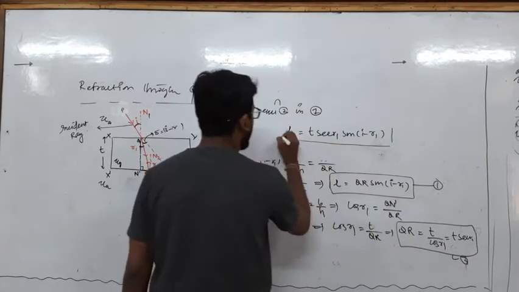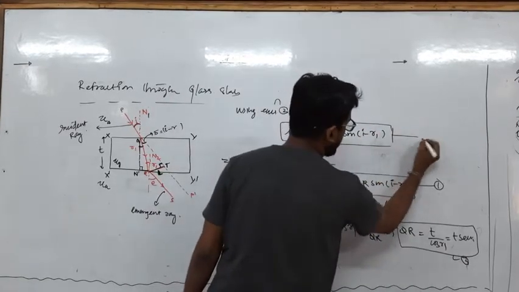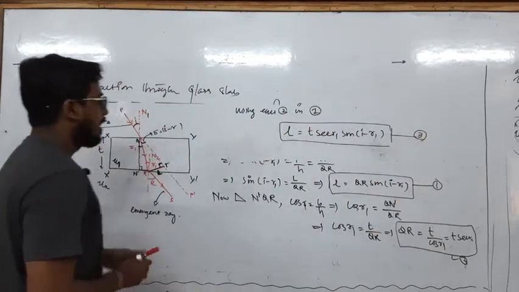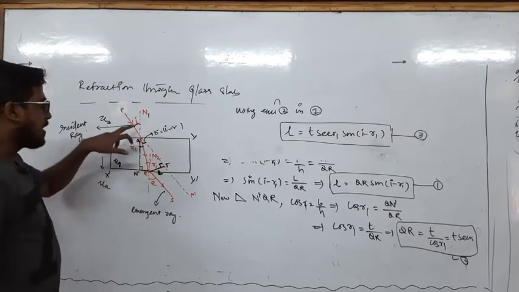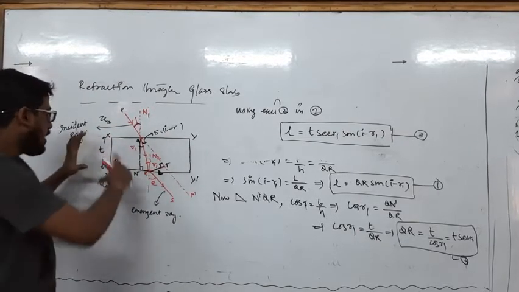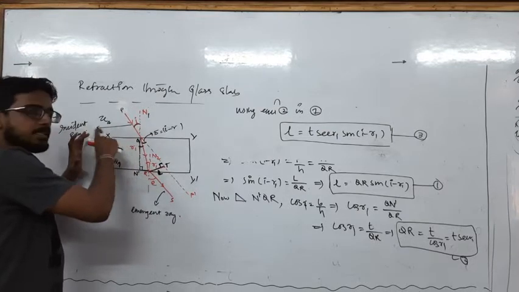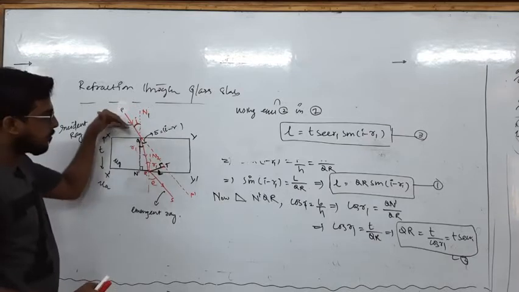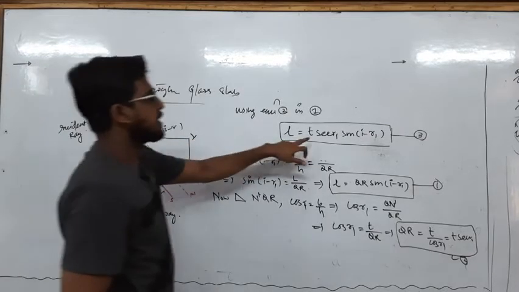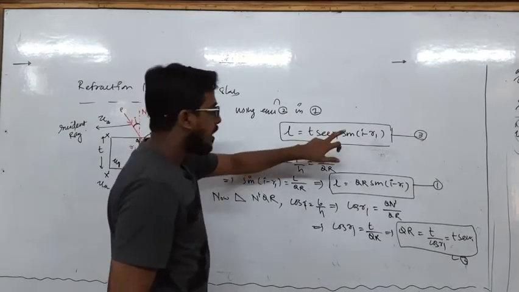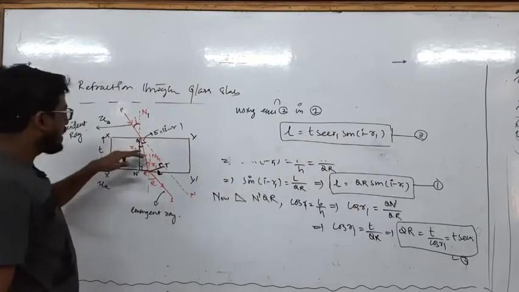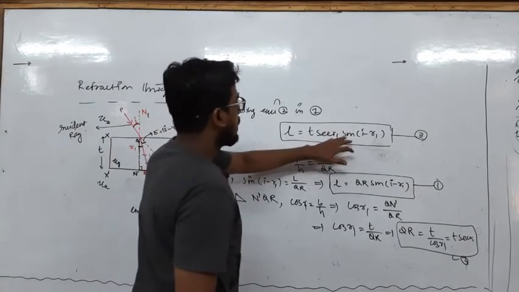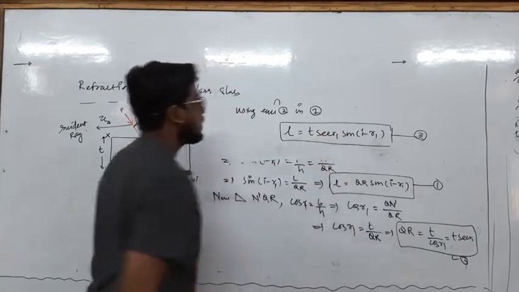This is the value of the lateral shift. So if light is incident at an angle of incidence I and passes through a glass slab of thickness T, then the emergent ray will get laterally shifted from the path of the incident ray by this much, where T is the thickness of the glass slab, R1 is the refracted angle at the first interface, and I is the angle of incidence.